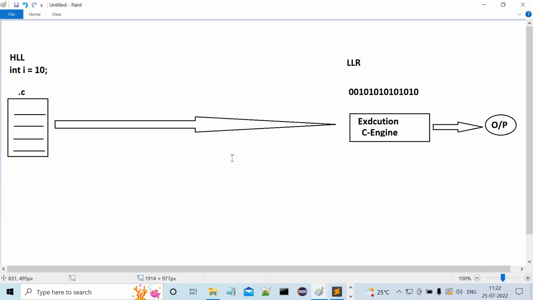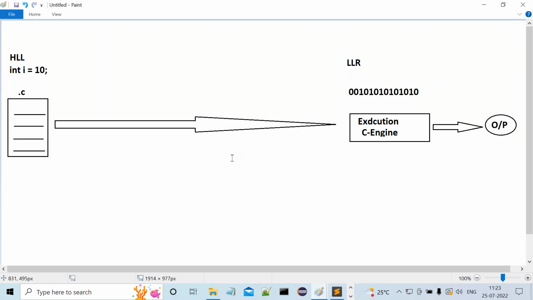Now observe carefully. We write the program in which language? High level representation. But the C engine requires the program in which level? Low level. If I give a high level program to the C engine, is it possible for the C engine to understand and execute it? It requires the program in zeros and ones.